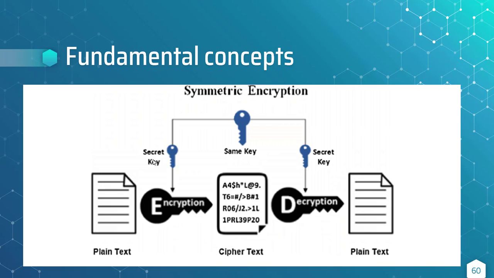So I use the secret key to encrypt the plain text. After I encrypt, I obtain the cipher text. I use the same key to decrypt the cipher text into plain text. So, same key, the secret key for encryption, is the same as the decryption key.